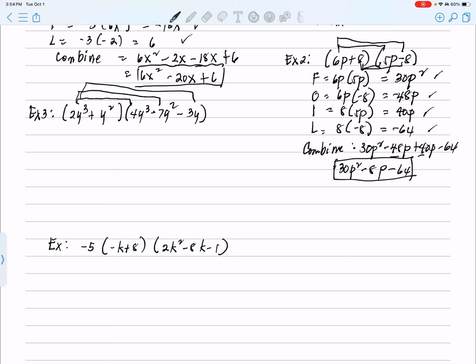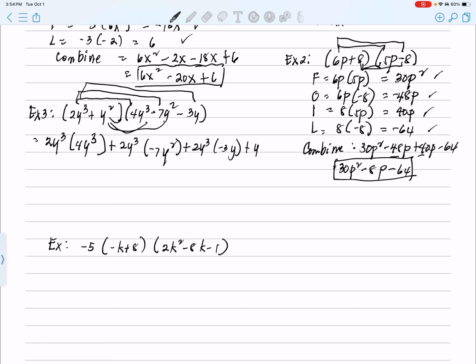So I'm going to start: 2y to the third times 4y to the third, plus 2y to the third power times negative 7y squared, plus 2y to the third times negative 3y. Then plus, I will start with y squared, multiply each term.